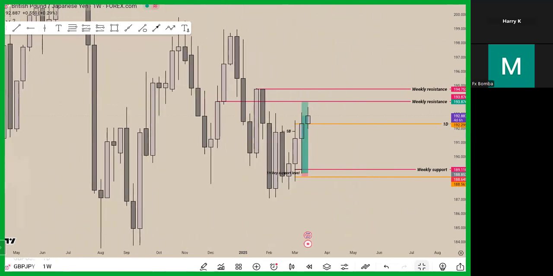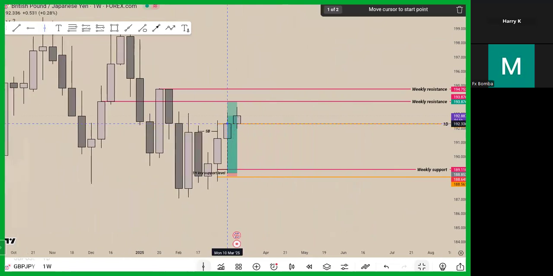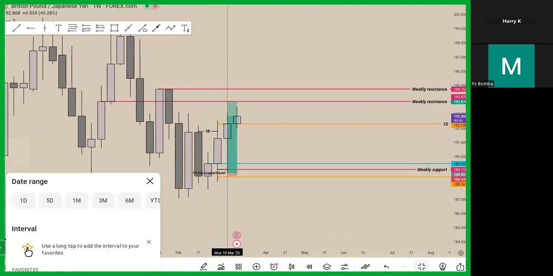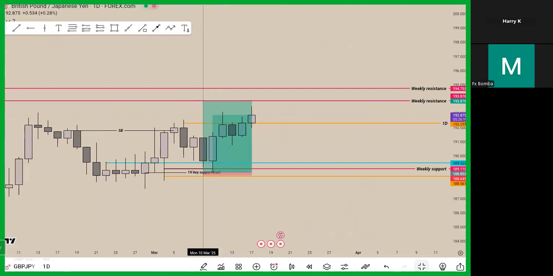From there, what you do is go to the weekly and see. Like here, you see the weekly rejected from here. Then you go to the daily and see if there's a breakout. On the daily, do we have a breakout?